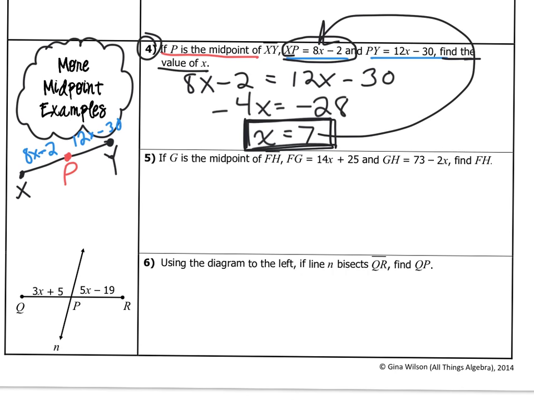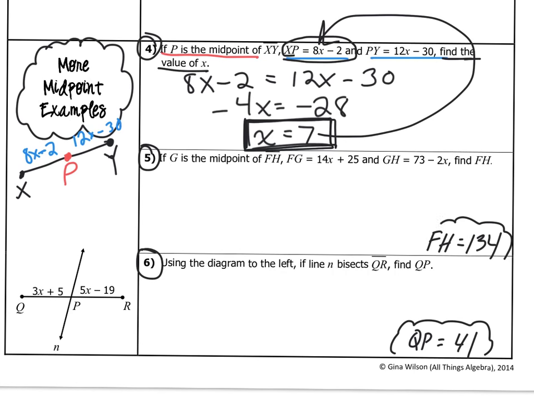So go ahead and try questions 5 and 6. I'm going to go ahead and give you the answer. FH equals 134. QP equals 41. So see if you can solve numbers 5 and 6 and get those answers.